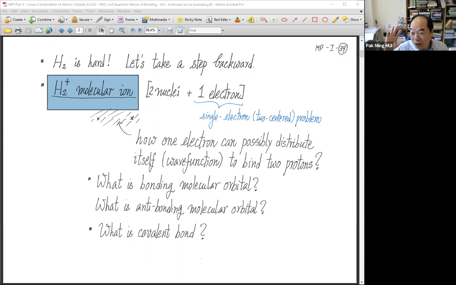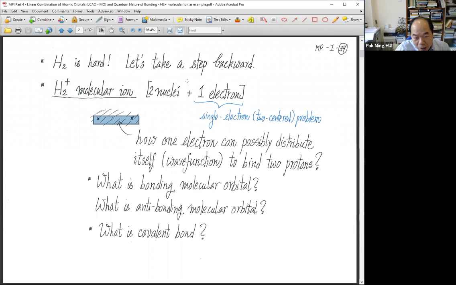Okay, now, so we are not talking about something fictitious. This is real. You can take a hydrogen molecule, ionize it, meaning take out 1 electron, take it to infinity. The remaining thing here is called H2 plus ion. Okay, the full name is that it's a molecular ion because there are two nuclei. What is it? There are two nuclei plus one electron.